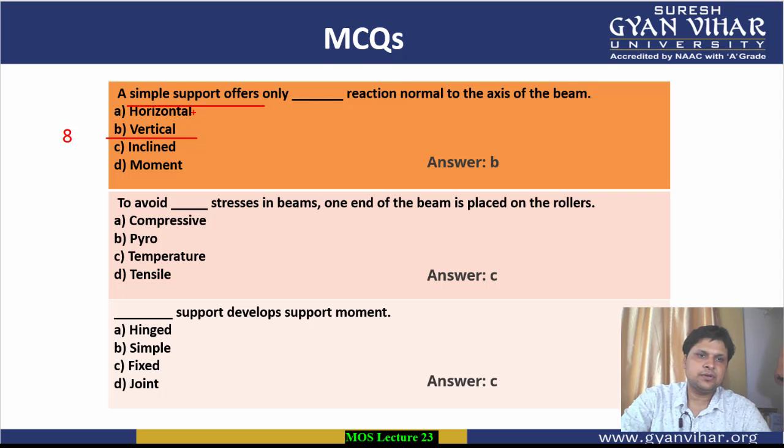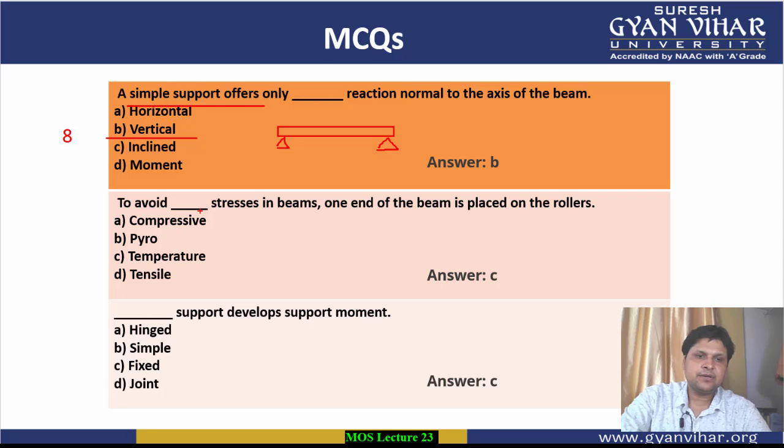Among the options, horizontal, vertical, inclined and moment, vertical is the correct one, because there is no horizontal or inclined reaction, and no moment in simply supported beams. Simply supported beams are like this: you will have supports, and we consider that the beam is just resting on these supports.